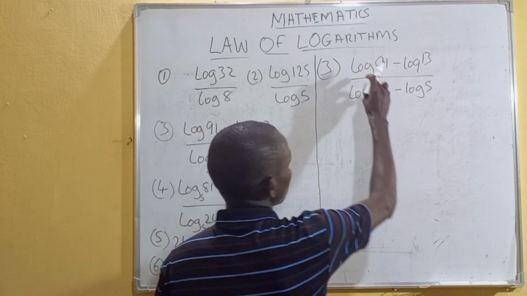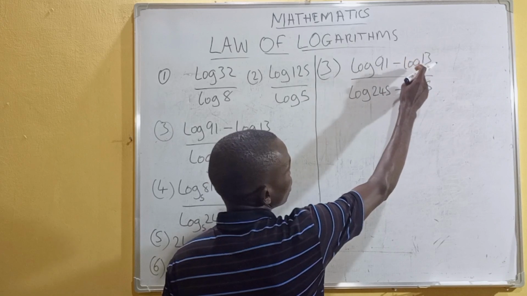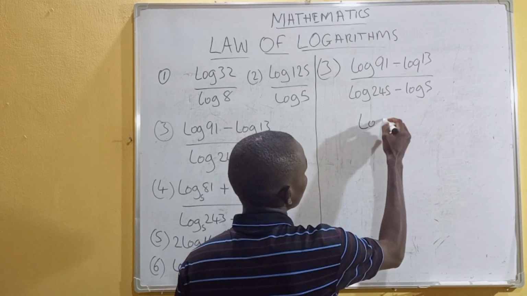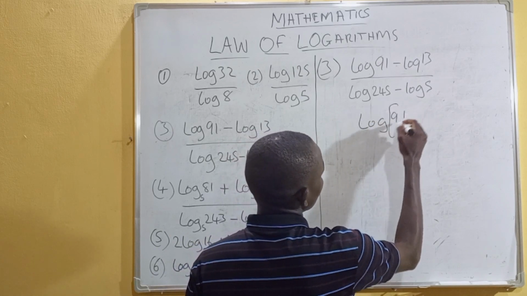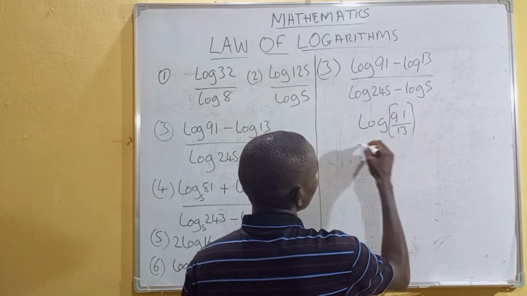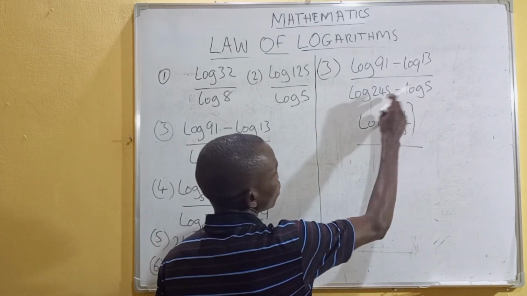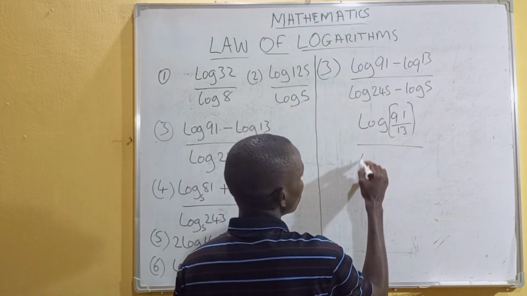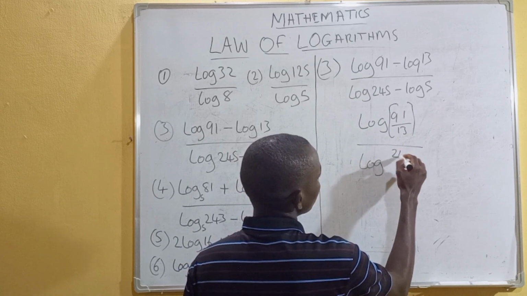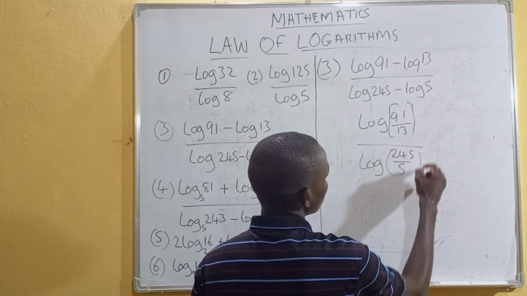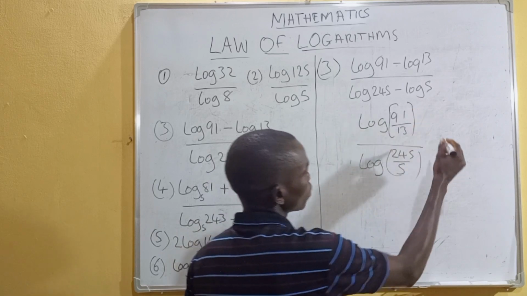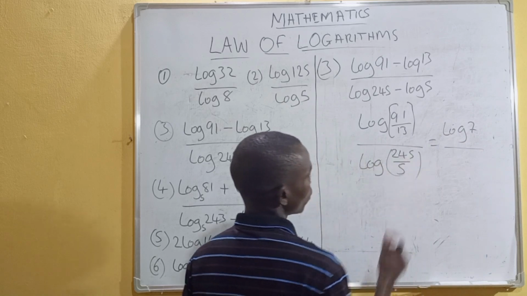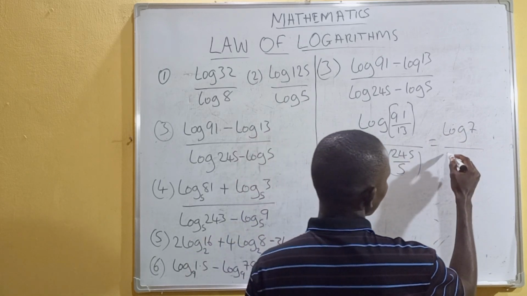For the subtraction law, we use this to divide this. It will now be log 91 divided by 13 over this. Since this is also a subtraction law, we use this to divide this in the denominator. It will now be log 245 divided by 5. So from here, 91 divided by 13 we have 7, which is log 7. And 245 divided by 5 we have 49, which will now be log 49.